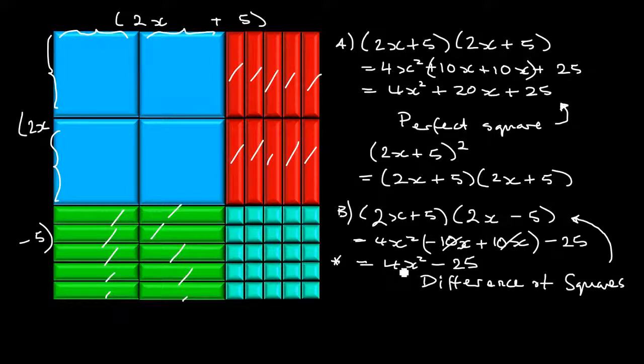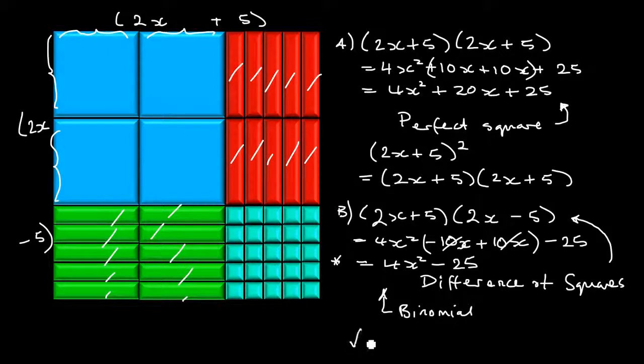And we end up with just a binomial expression. So this is a binomial result, because the middle terms have cancelled. And more than that, both of the terms in this binomial are squares, so you can see that very clearly. We've got 4x squared.